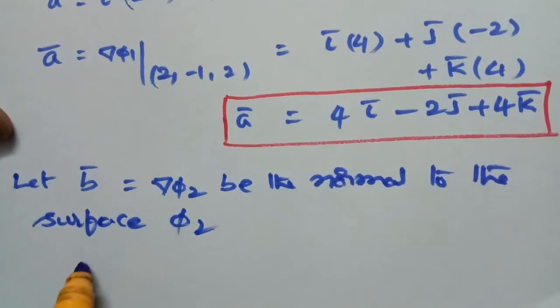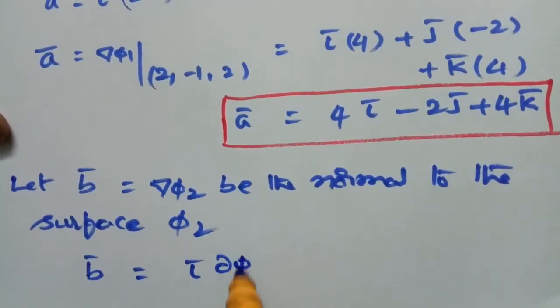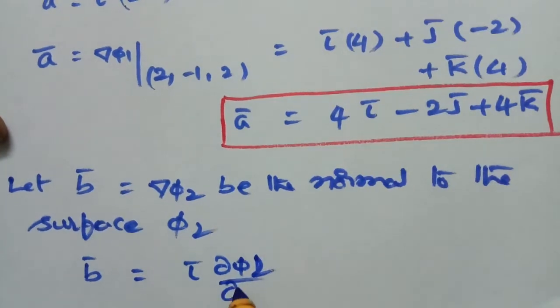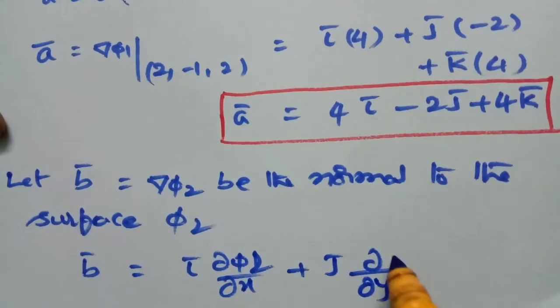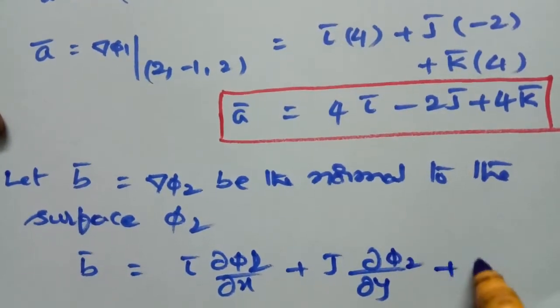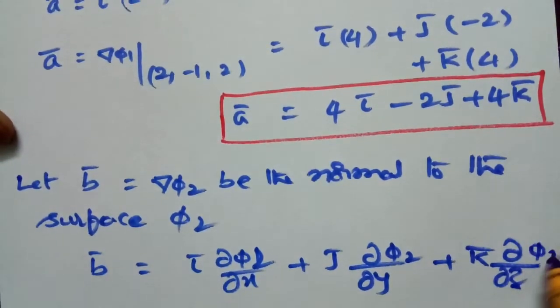Therefore, b bar is equal to I bar dou by dou x of phi 2, j bar dou by dou y of phi 2, k bar dou by dou z of phi 2.